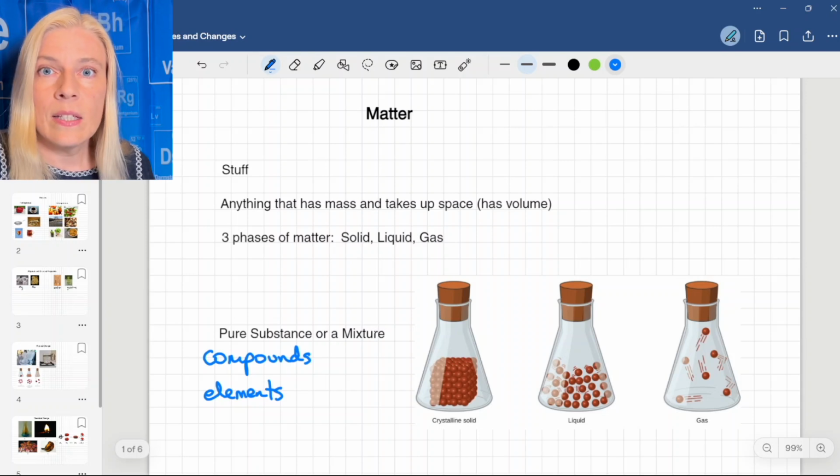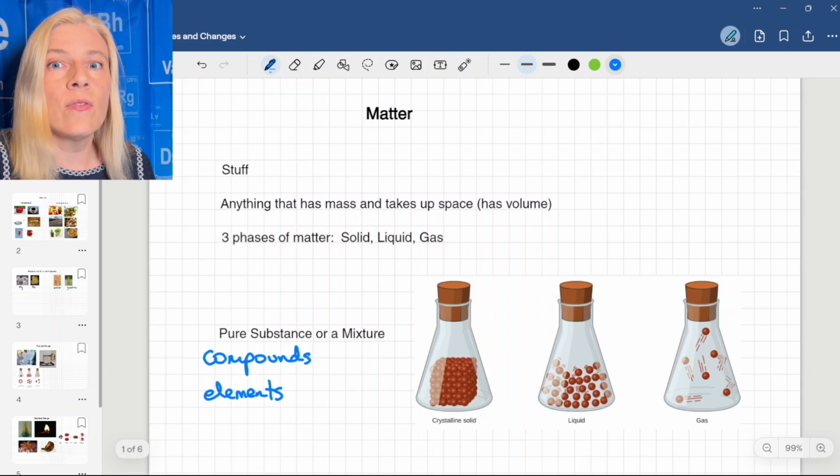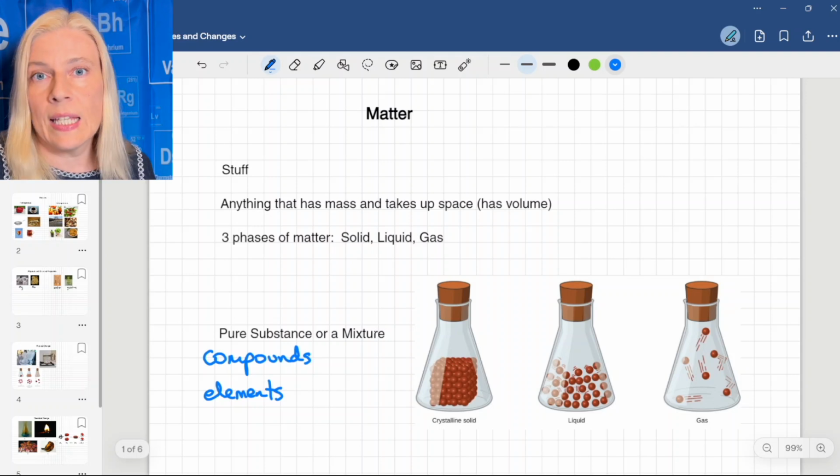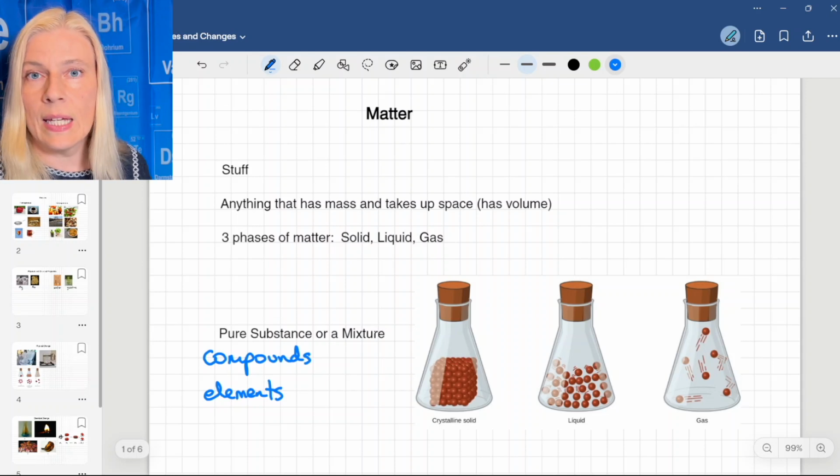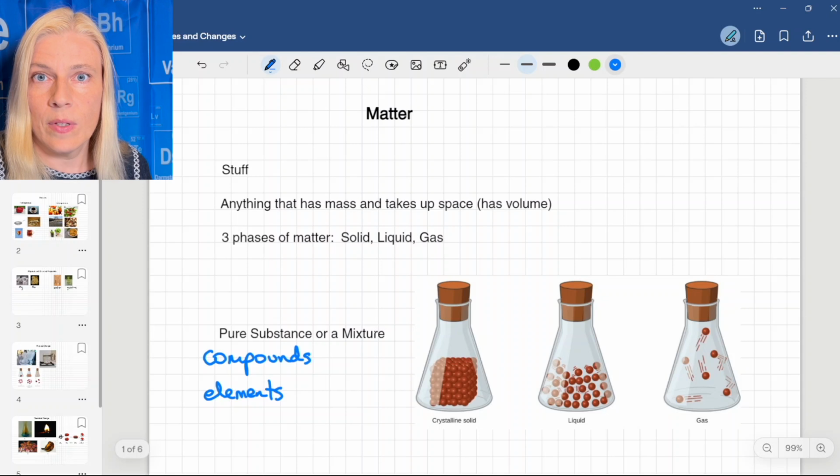Same thing is salt, NaCl. It doesn't matter if you take it from the box or if you take it from the ocean and get rid of all the water and other things and get NaCl from the ocean. If it's a pure substance, it will always have the same composition.